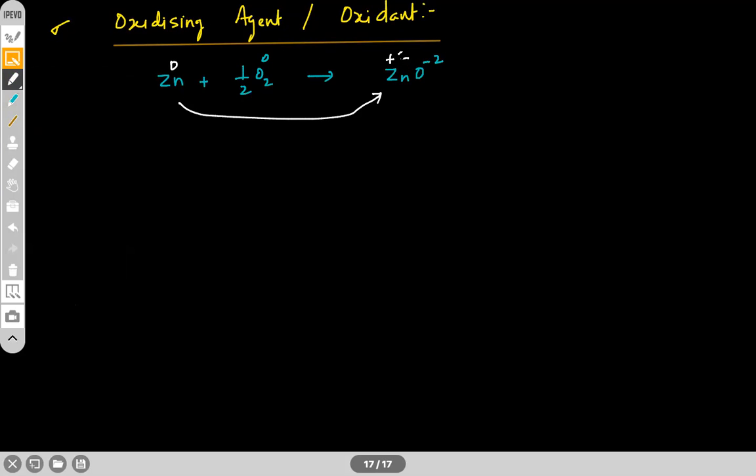Oxygen is getting reduced. So the one which is getting reduced is the oxidizing agent. Did you get my point? A substance which goes under reduction, like it oxidizes other compounds, and hence it goes under reduction. It is called oxidizing agent.